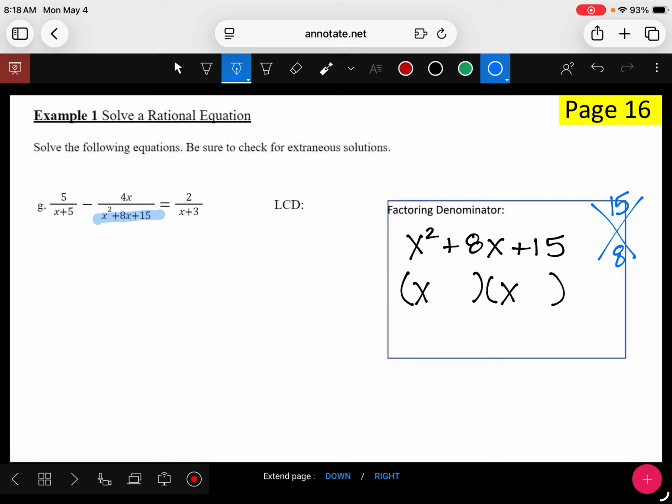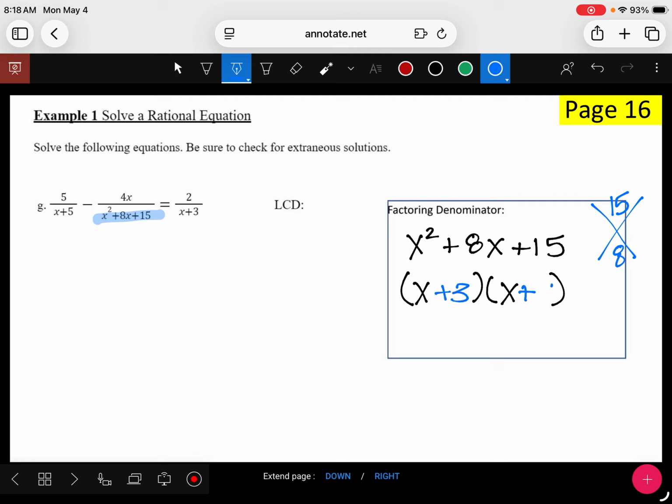So you need 2 numbers that multiply to be 15 and add to 8. So what would be my numbers that multiply to 15 and add to 8? Yep, good, 3 and 5.